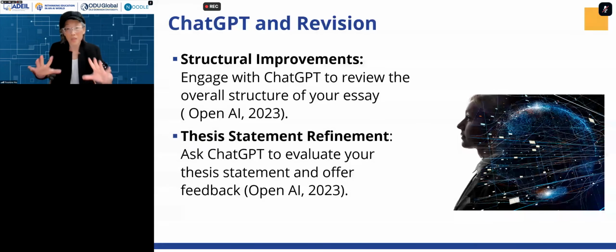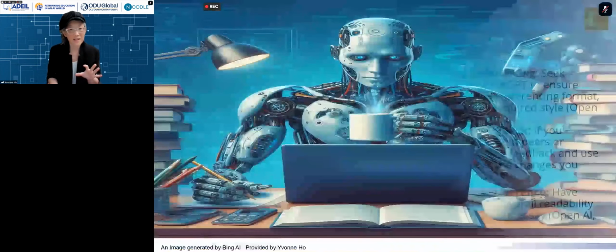After the student inputs his whole essay, and I would tell students not to put their names in, for privacy reasons, you just cut and paste your essay into ChatGPT, and then ChatGPT can evaluate your essay structure, your thesis statement, and it can offer feedback. And so that's one of the things.